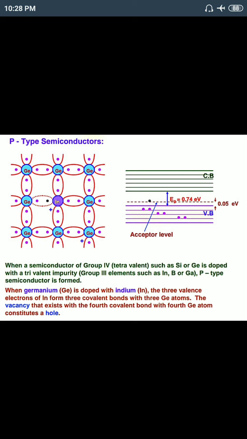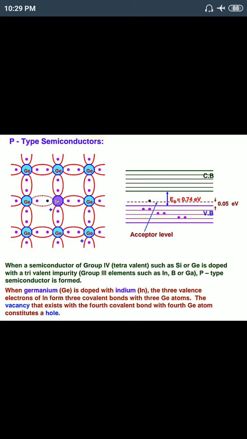The vacant place on the left side is filled with an electron, and the covalent bond is completed, so the indium and the neighboring germanium atoms also fulfill their octet rule and become stable. After that, under the effect of temperature, these electrons gain energy and jump from the valence band to the conduction band.